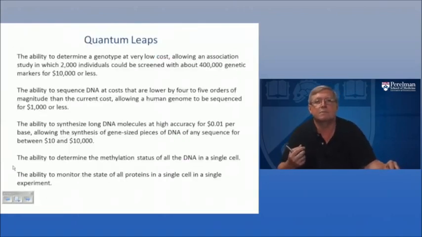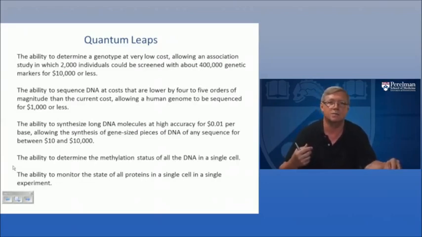In 2003, we were also left with some overarching goals that we thought could lead to quantum leaps in our ability to understand human genetics and biology. One is, of course, to lower the cost so that we could get much larger amounts of variation information, and we could get complete information on the mutational status of individual humans.